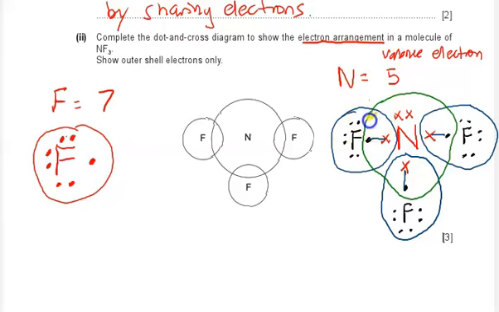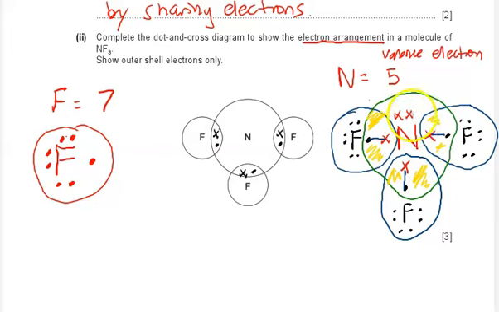Now if you look at this part, the one that I shade with yellow color, we have 2 electrons there. So I'm going to place them over here: X and dot, X and dot, X and dot.